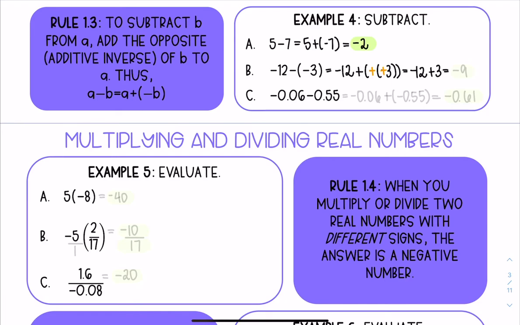And because 12 is the bigger number and it's negative, the answer is going to be negative, and we get negative 9. And we can rewrite negative 0.06 plus negative 0.55. They're both negative, so we just need to add them together, and we get negative 0.61.